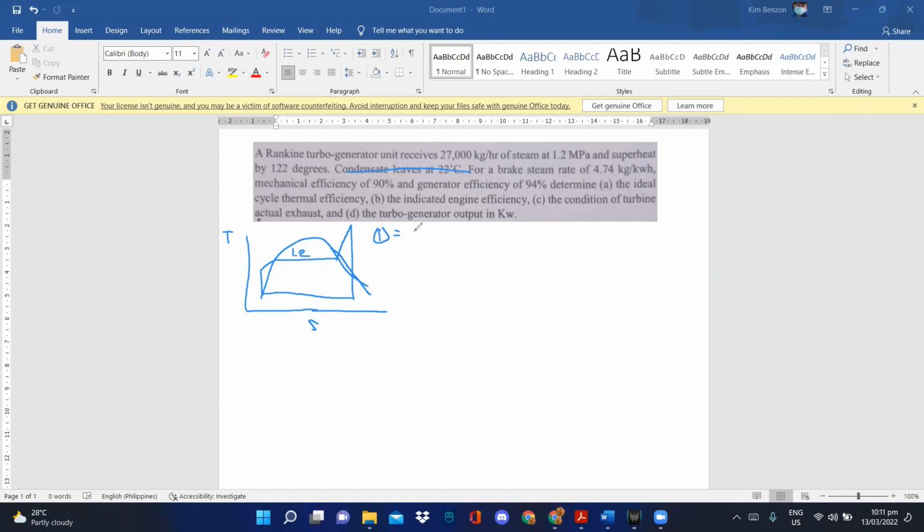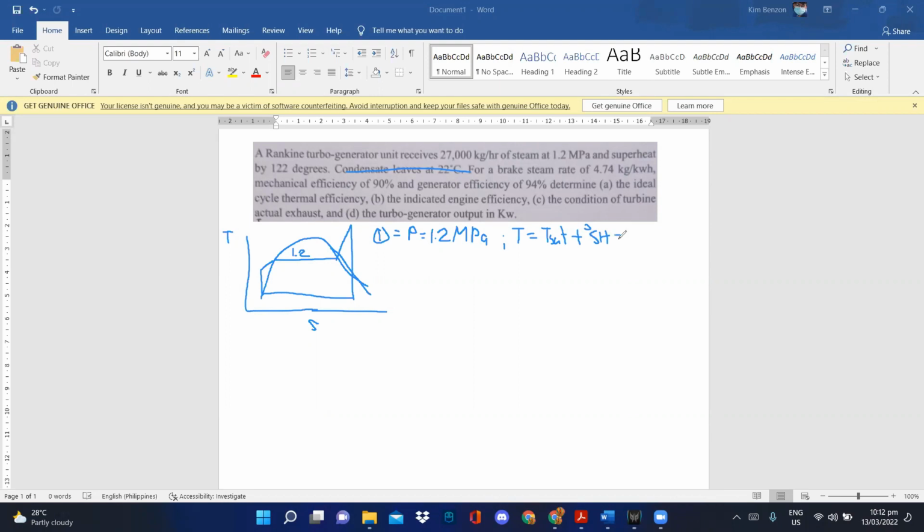So at pressure equals 1.2 megapascal, we have a temperature equal to Tsat plus the degree of superheat.